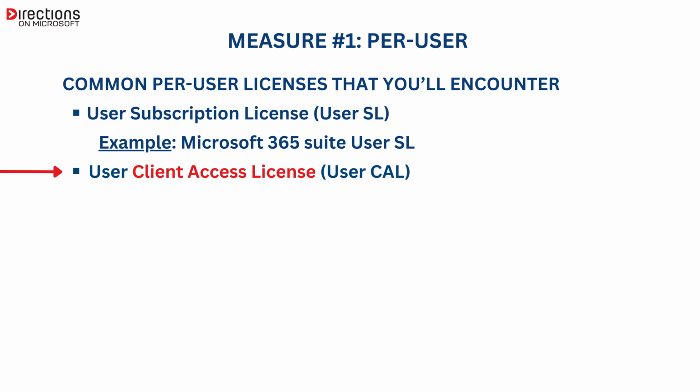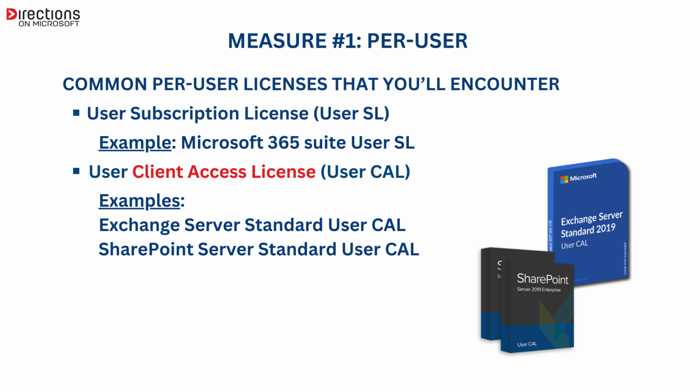User CALs are associated with traditional server software products like Exchange Server for email and scheduling, and SharePoint Server, which provides document libraries, among other things. Yes, Exchange Server and SharePoint Server are slowly being replaced by their online counterparts, Exchange Online and SharePoint Online, but these two server application products are still around.